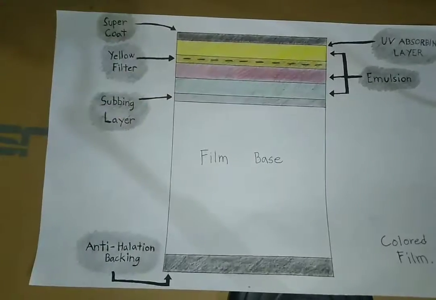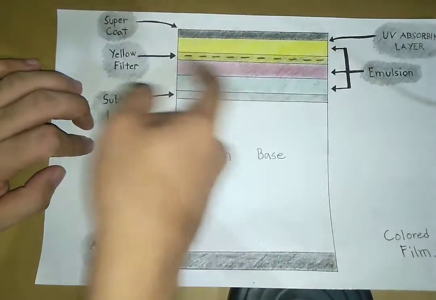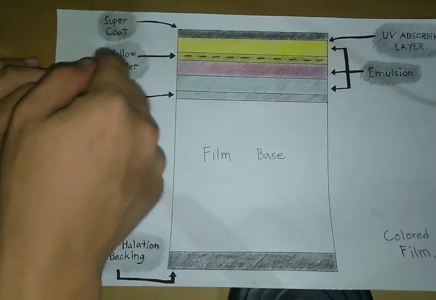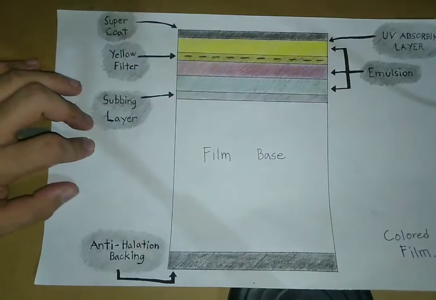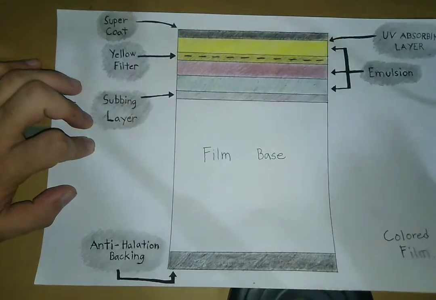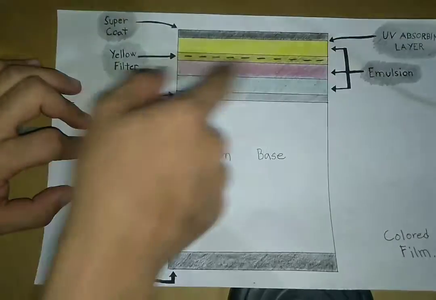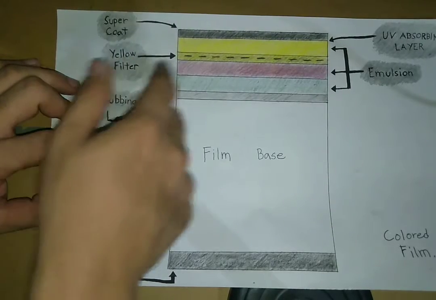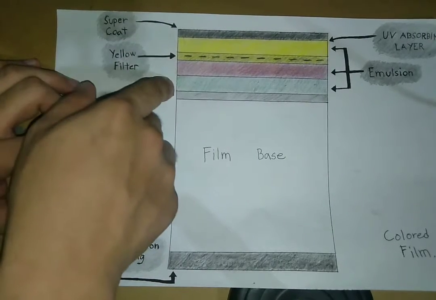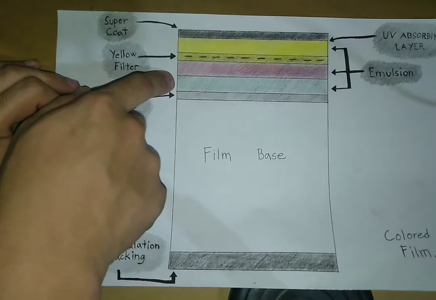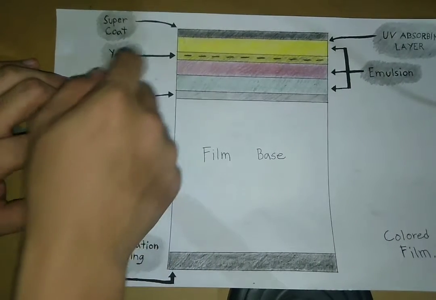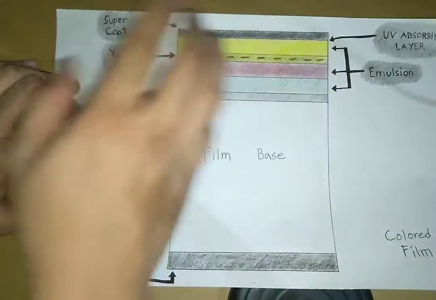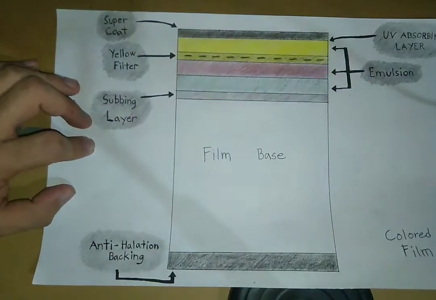Meaning, until here, there are no blue lights because the blue lights have been held back by the yellow filter. It's that easy. There is light, but there is no blue light because of the work of the yellow filter. So, the light passes through without blue light.